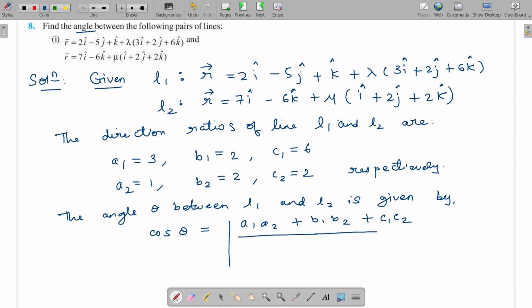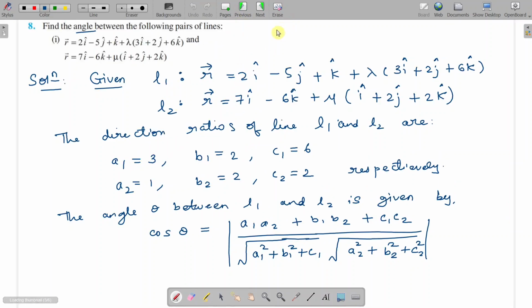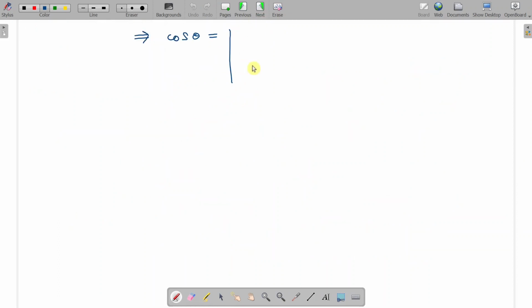Then the whole divided by root of a1 square plus b1 square plus c1 square into root of a2 square plus b2 square plus c2 square, okay. So this implies cos theta is equal to modulus of a1 is 3 into 1, right?